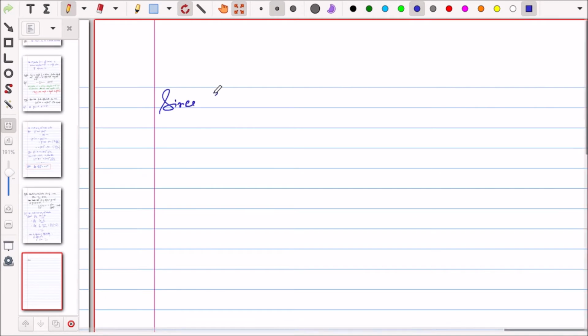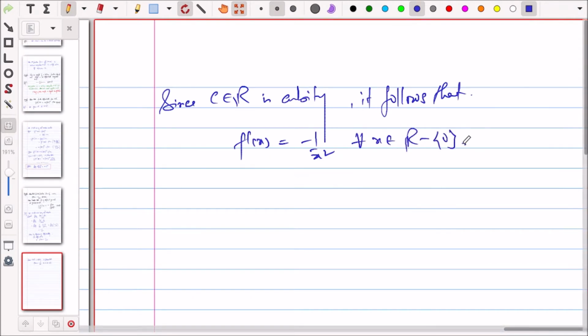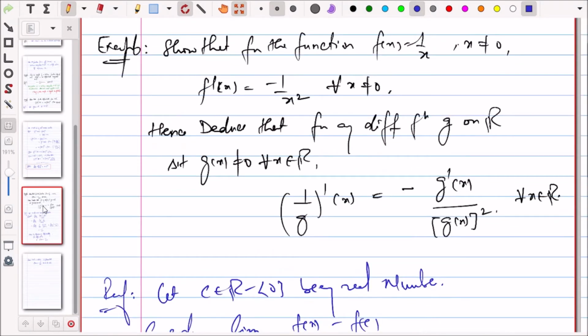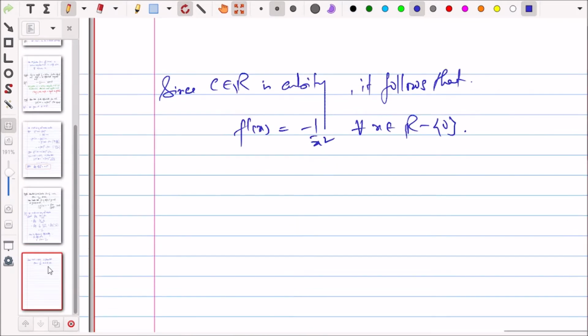Now since c is arbitrary, it follows that f dash x is equal to minus 1 by x square for every x in R minus 0, right? Is it fine? Yes, sir. Now we have to deduce this result. So इसके लिए क्या करना पड़ेगा, 1 by g x को we have to somehow bring it in the form of f, right?